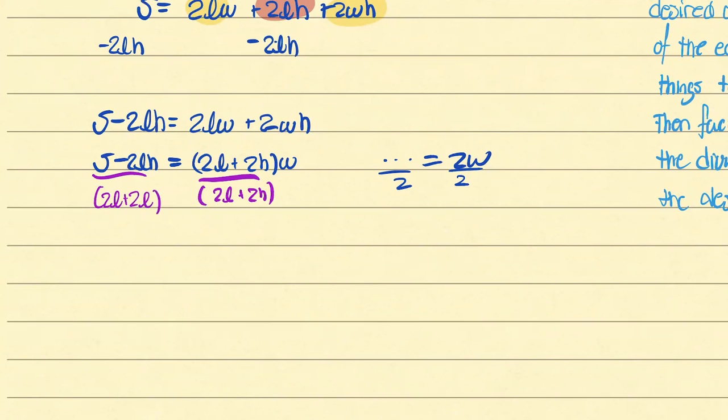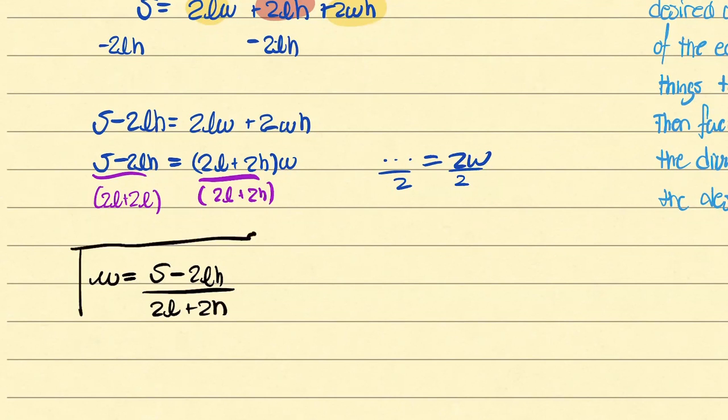So my final answer is that W is S minus 2L times H over 2L plus 2H. And that's my final answer.